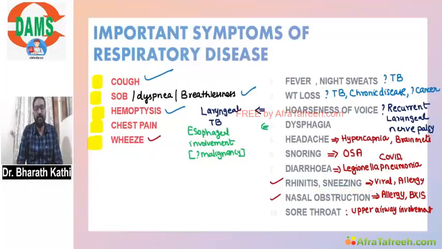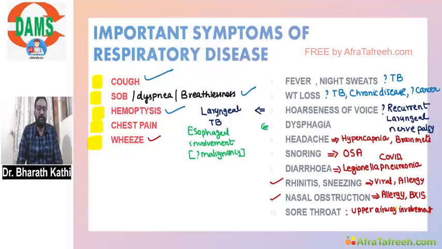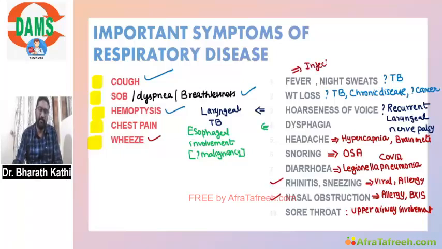So if an examiner asks what are all the symptoms that you should know regarding a respiratory disease, don't just say cough, shortness of breath, hemoptysis, chest pain and wheeze. Along with that, relevant symptoms include fever. Fever is always very important when you are dealing with any infective pathology such as pneumonia.